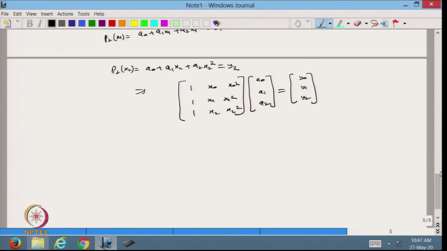And now if we solve this system of equations the same way we can solve, then I can write my p2(x) directly.